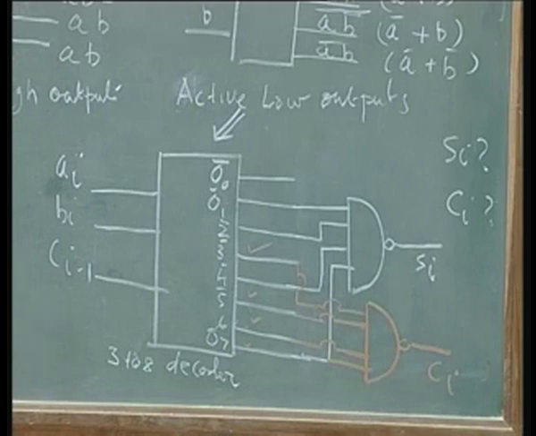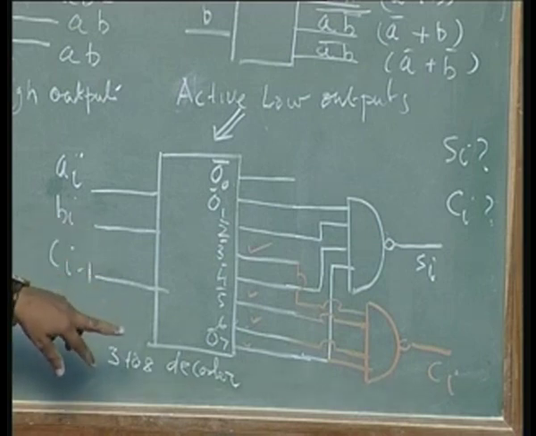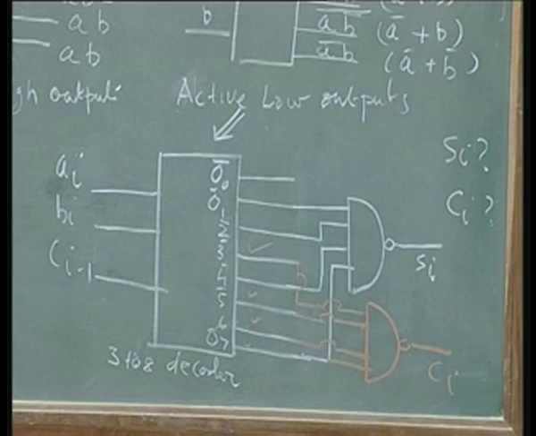So, I got my full adder, 1 bit full adder using a 3 to 8 decoder with 3 inputs A, B, C(i-1), and outputs S and C(i), with active low outputs for the decoder.